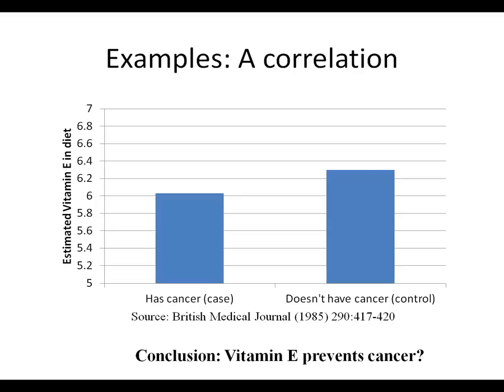Okay, so that is a correlation. Each one of those individuals in that study has two things going on with them at once, a certain level of vitamin E in their diet, and either they have cancer or they don't, or they will end up having cancer or they won't.